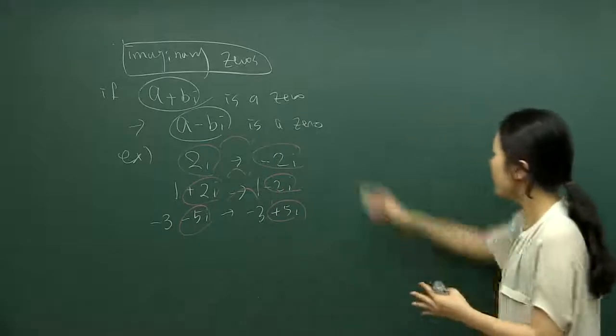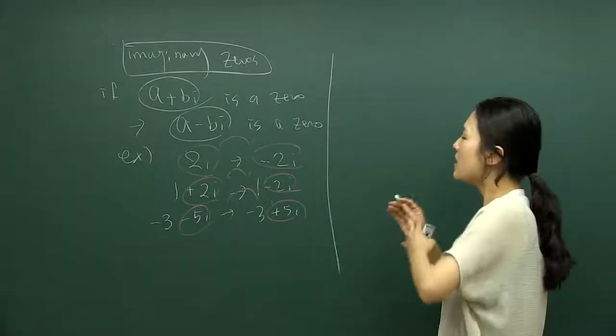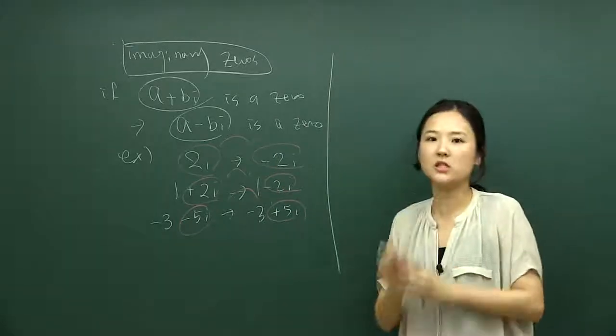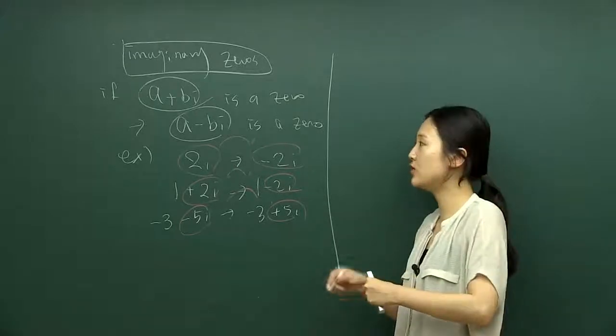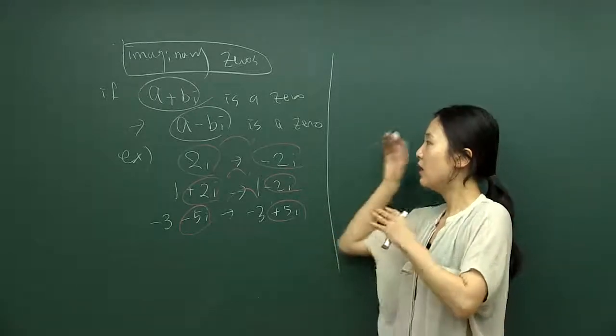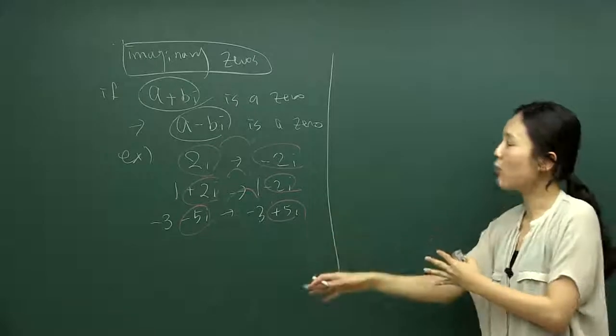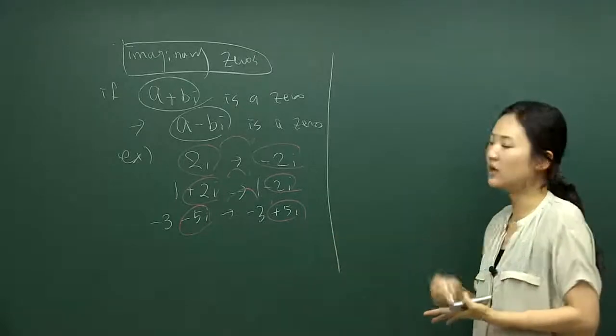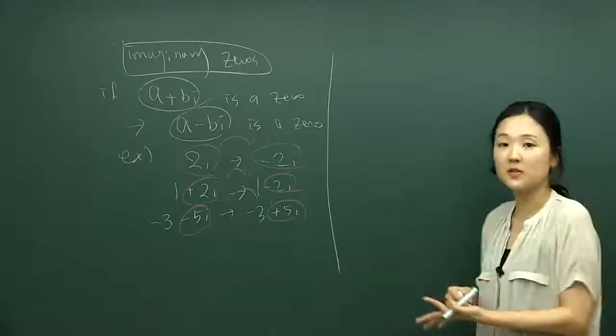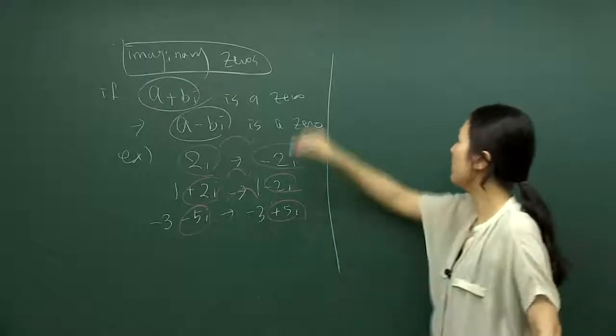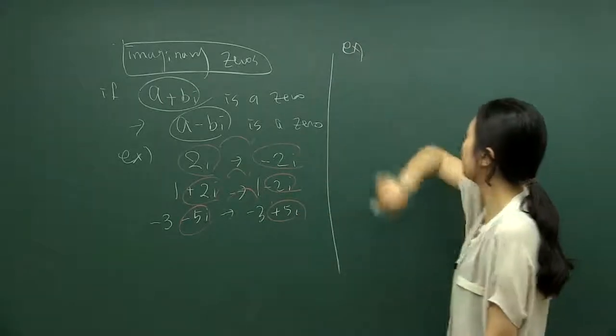So let's talk about setting up an equation, knowing the zeros only. Remember how I told you that you need to be able to get the zeros from an equation, but also get the equation from the zeros. Let's do a quick example before we end today.